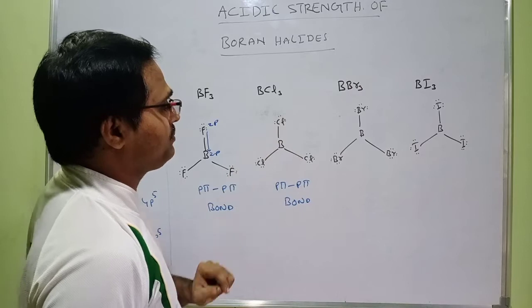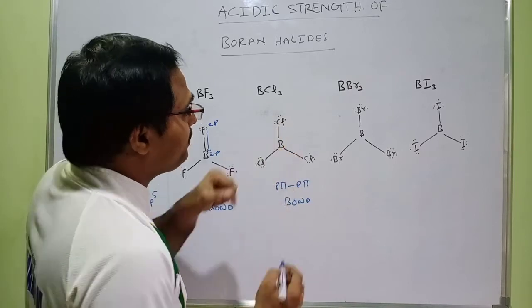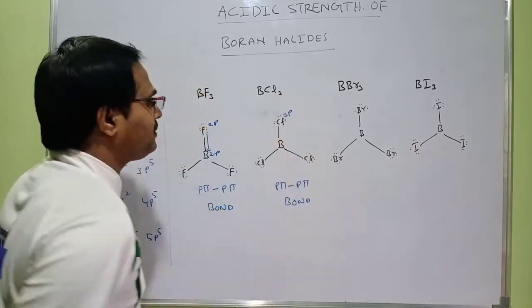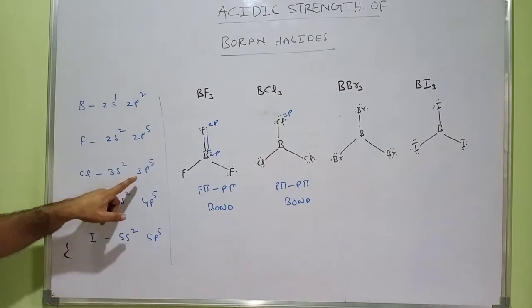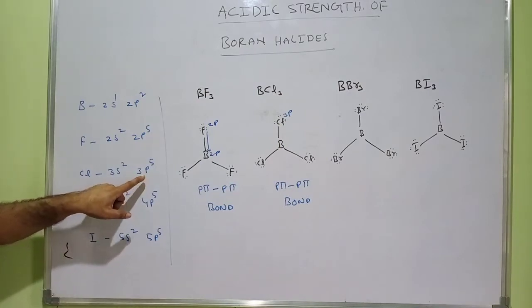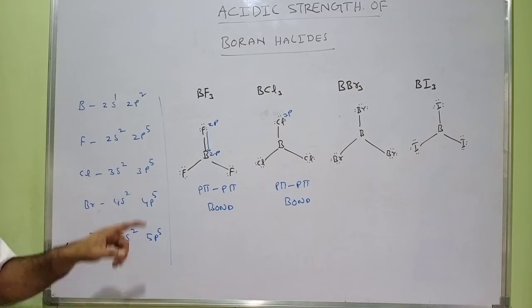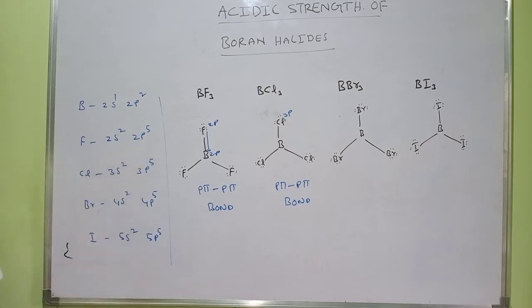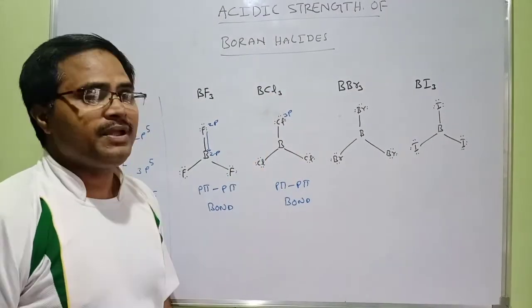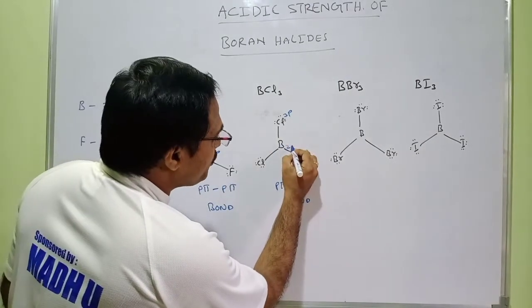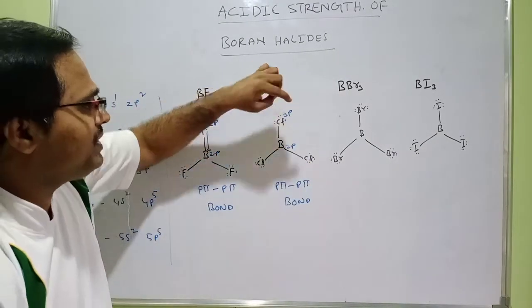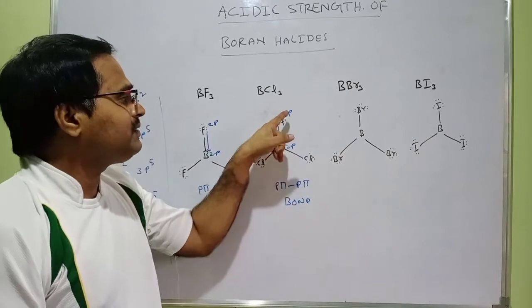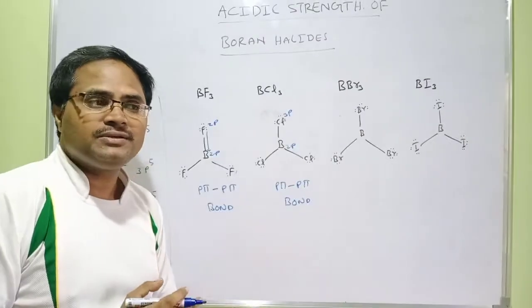There is a lone pair at chlorine, but the lone pair is present in the 3p orbital, isn't it? So this is 2p, this is 3p. The lone pair is present in the 3p orbital. So boron has a 2p orbital here, chlorine has a 3p orbital. So 2p, 3p, the size is mismatched.